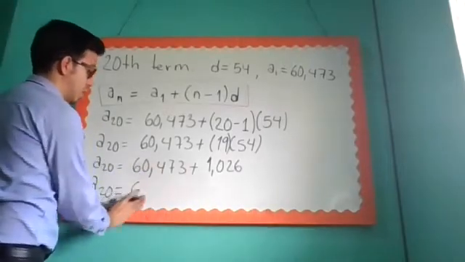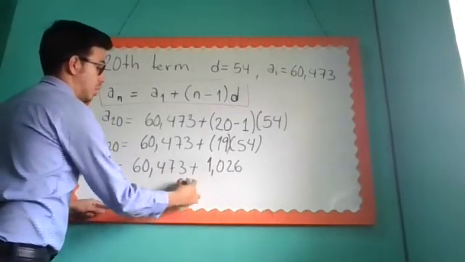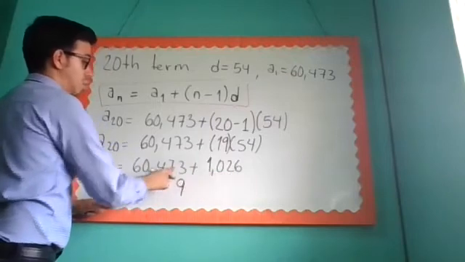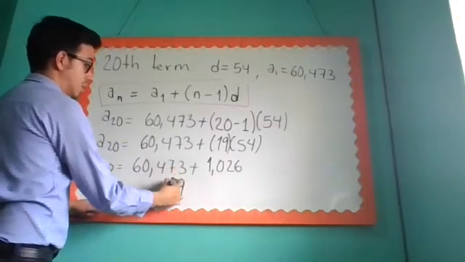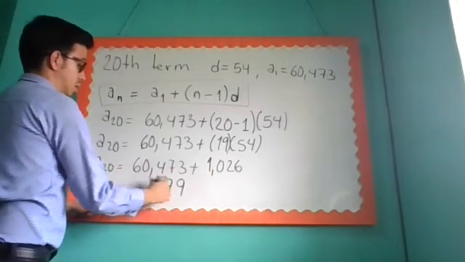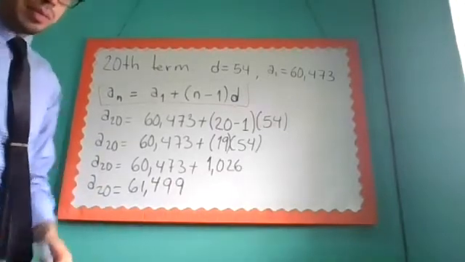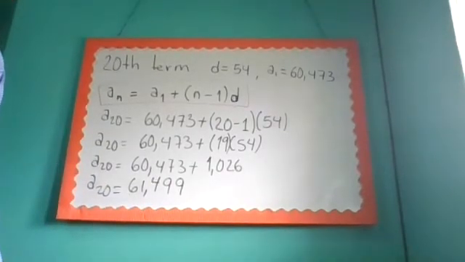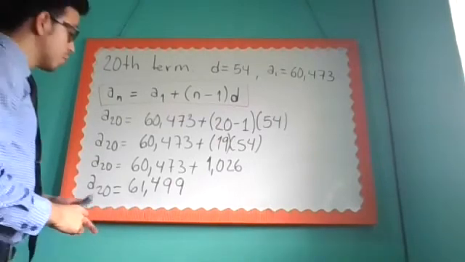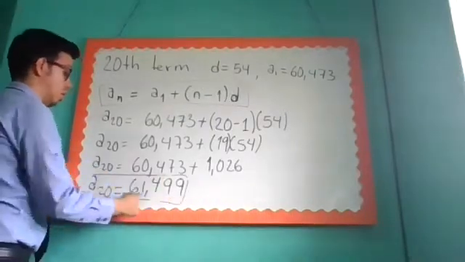We can start from the 6 plus 3 is 9, 2 plus 7 is 9 again, 4, 61,499, okay. Yes, okay, this is for the day 20, then.